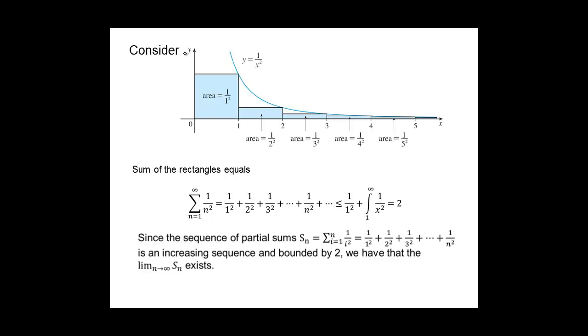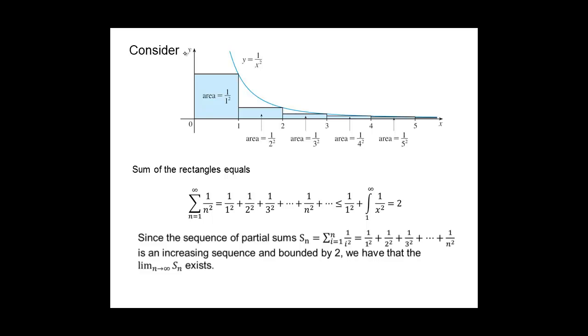But what is the area to the right of 1 below the curve? That's given by the integral from 1 to infinity of the function 1 over x squared. So that integral gives you the area below the curve to the right of 1.